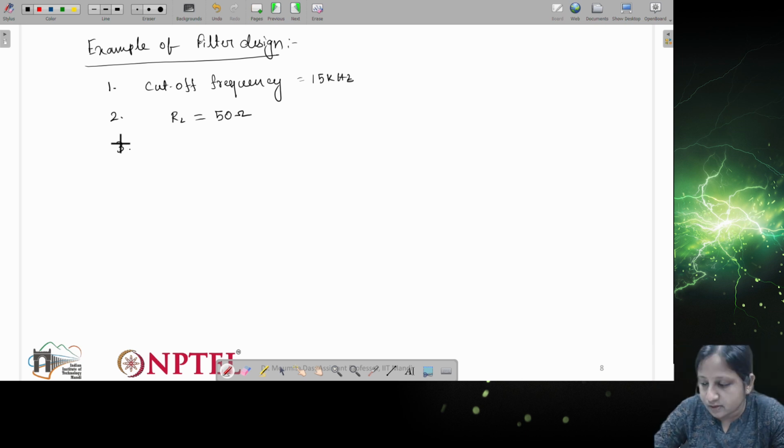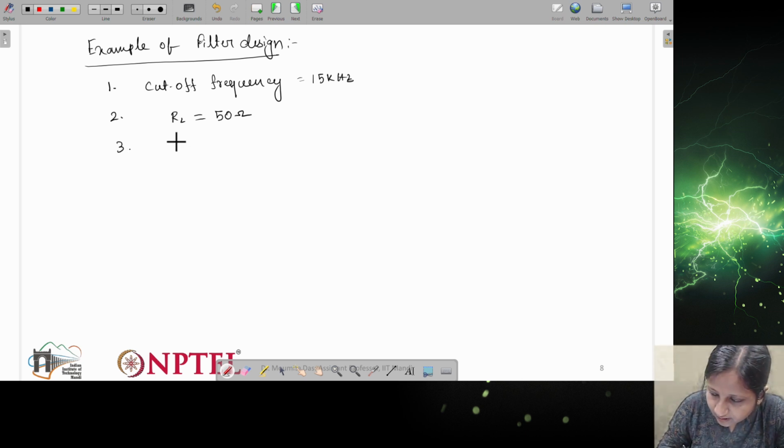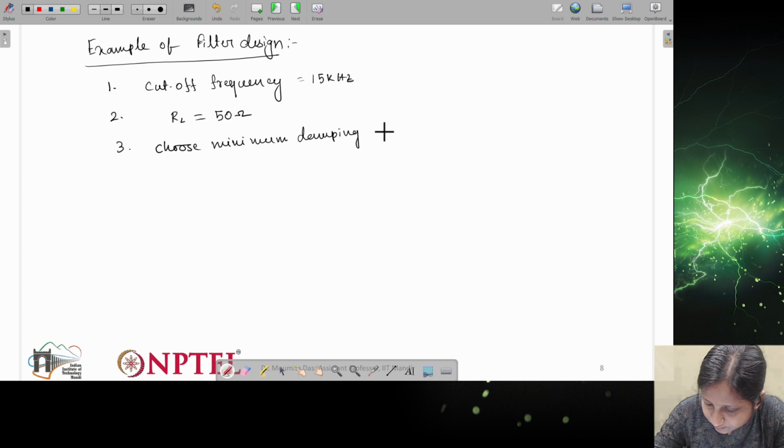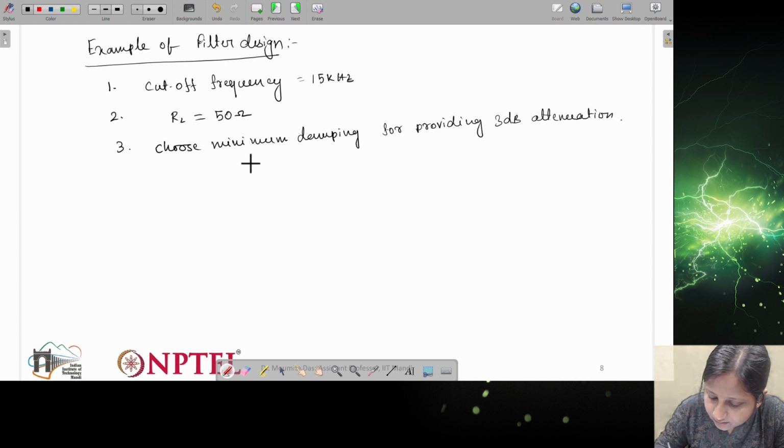We need the damping factor. So let's select it as 0.707.